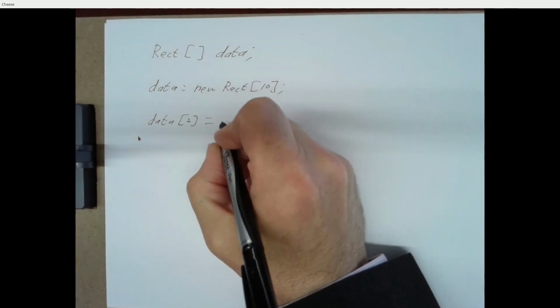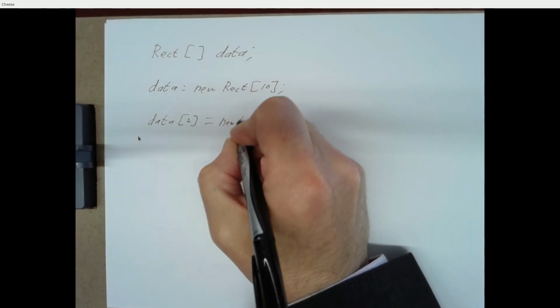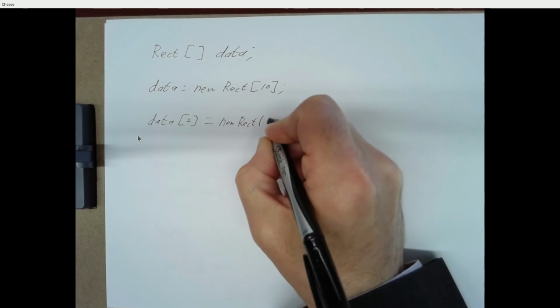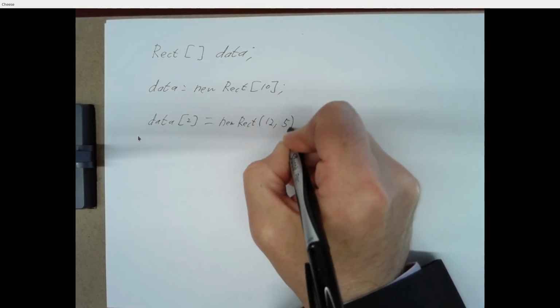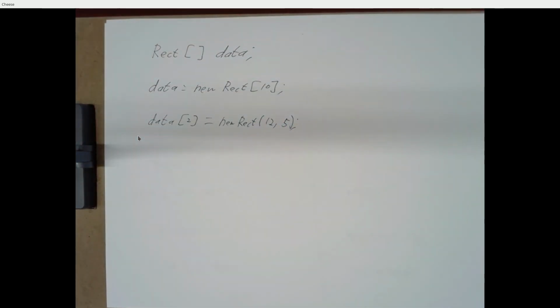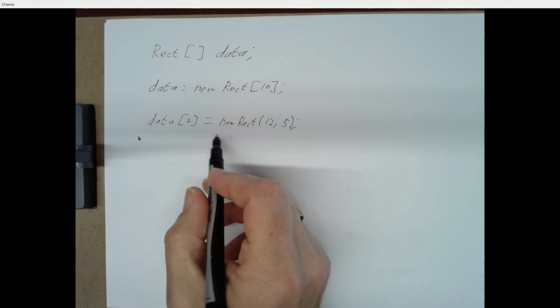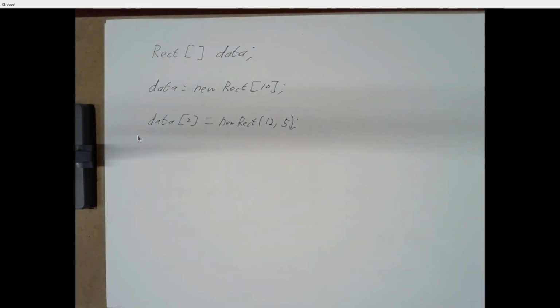So we can do something like this. And now element 2 of this data array is a 12 by 5 rectangle. But if we don't do this, and we try to pull out data 2's height, we're going to get an error because data 2 hasn't been constructed yet. So we have this two-part process when dealing with arrays of objects in general.